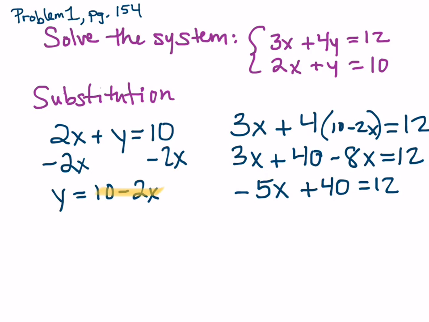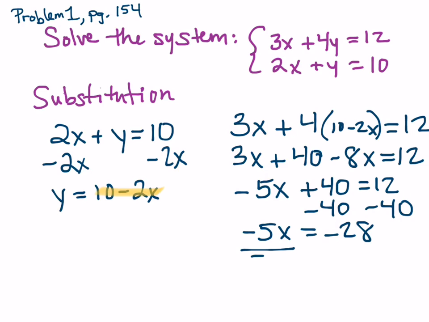I could move the 40 to the other side, and 12 minus 40 is negative 28. Then finally divide by negative 5 to get x by itself.